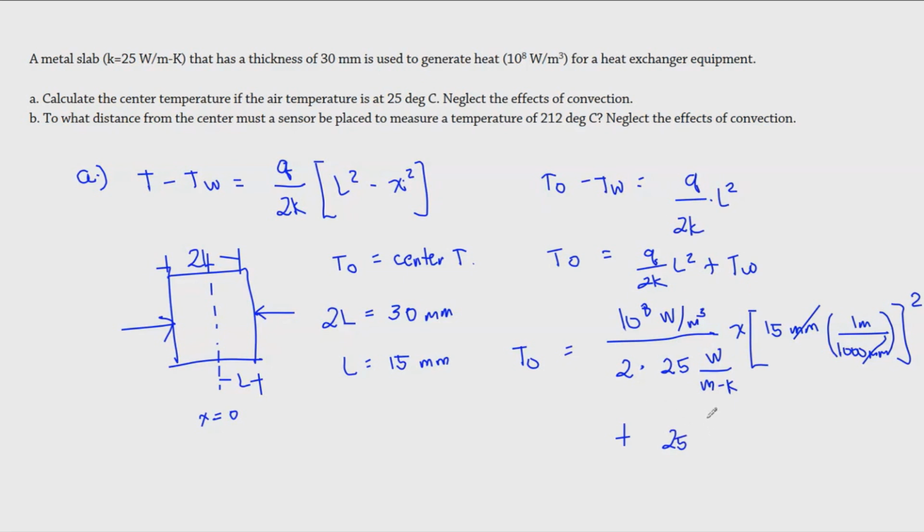We can actually convert this to Kelvin, or we can also not convert it, because if, for example, I have TO plus 273.15, it will be cancelled out here, since this is simply the change in temperature.